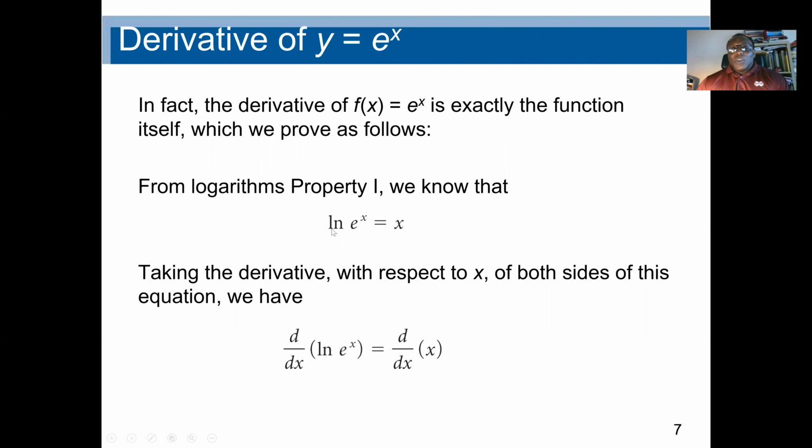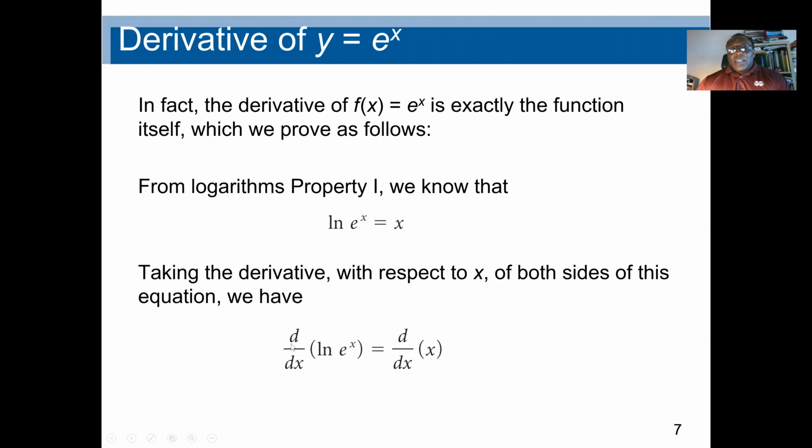The reason is that the natural log has base e also. So log base e of e raised to the power x gives us x, because the e cancels the log base e.